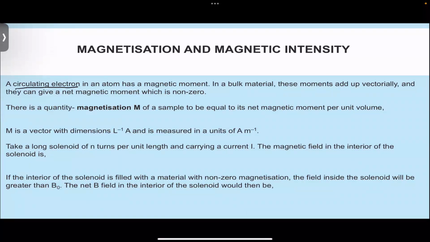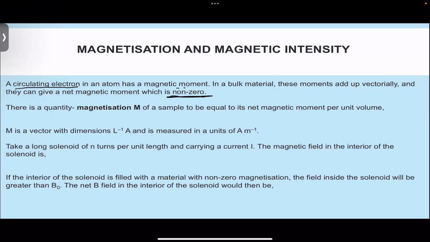In a bulk material, the magnetic moment of each atom is going to add up and we can have a net magnetic moment, which is going to be non-zero. So there is going to be some magnetic moment associated with the bulk material, which has a lot of atoms acting as magnetic dipoles.